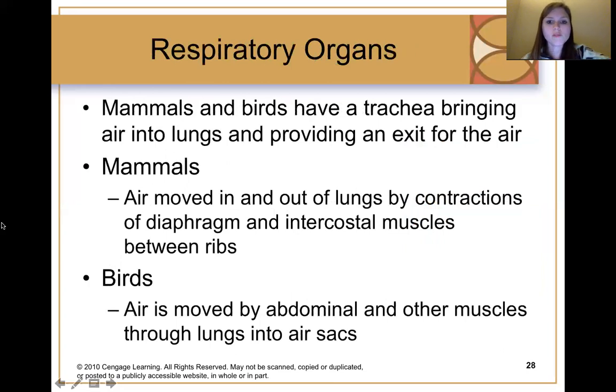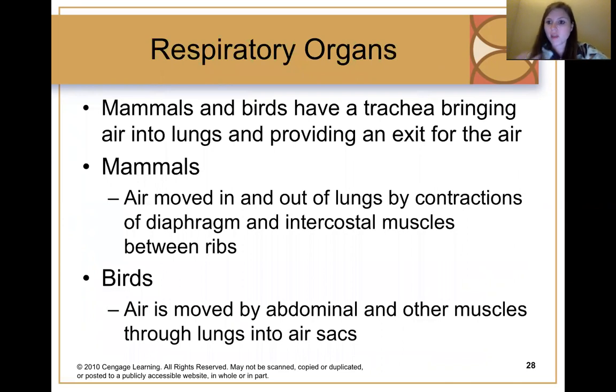So for respiratory organs, mammals and birds have a trachea that brings air into the lungs and provides an exit for the air. So that is something that mammals and birds have in common. However, they do have a few differences. In mammals, air is moved in and out of the lungs by contractions of the diaphragm and the intercostal muscles between the ribs.